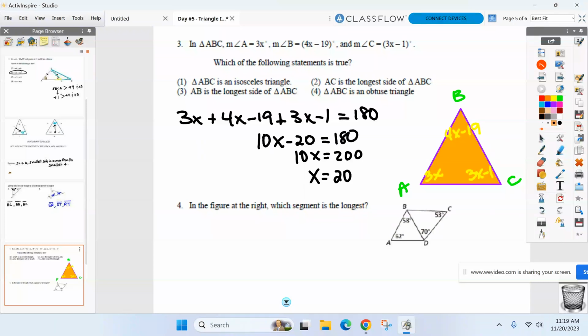So hopefully everyone's getting x equals 20. I'll give you a minute to plug it back in, and then I'll ask somebody what the angle measurements were.